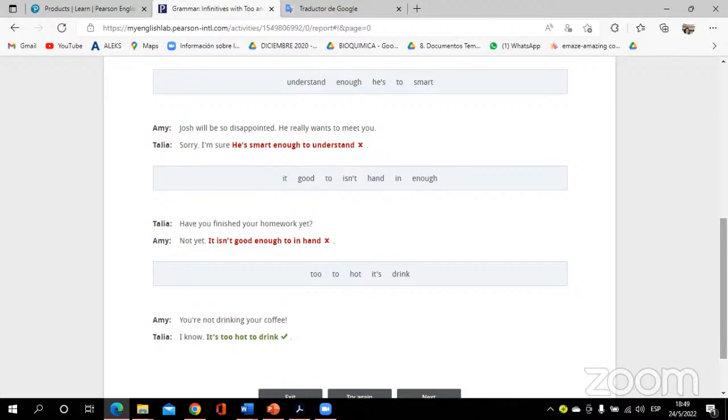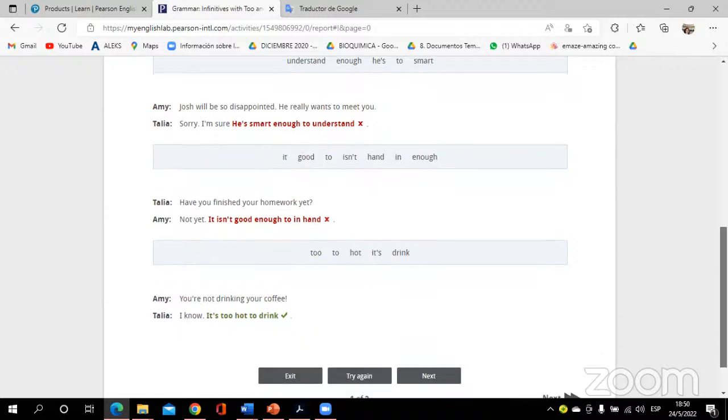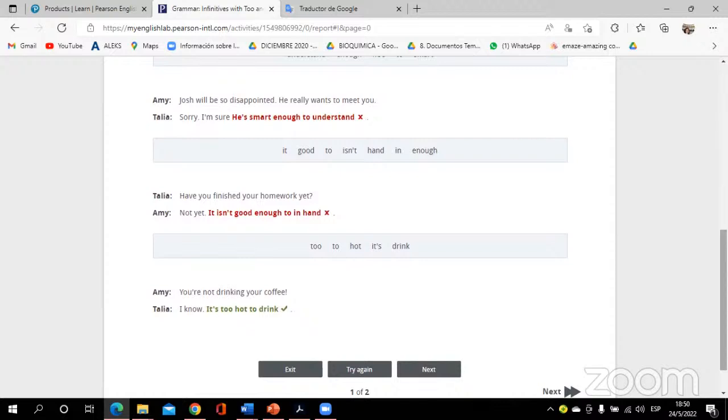Okay, hand in is a phrasal verb that we're going to use in order to pass one by one some paper, some text, okay, repartir, hand in. Okay, so that's only the order.